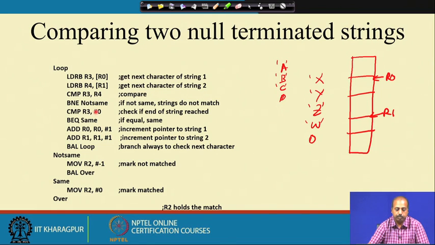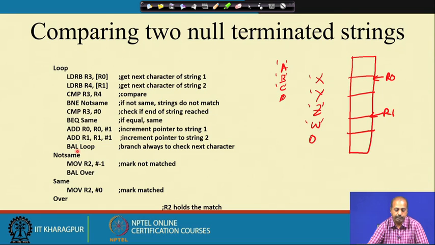If they are same, if the first two characters both happen to be say A, then we compare with the next character. For that purpose R0 is incremented by 1, R1 is also incremented by 1. They are now pointing to the next two characters of the strings.